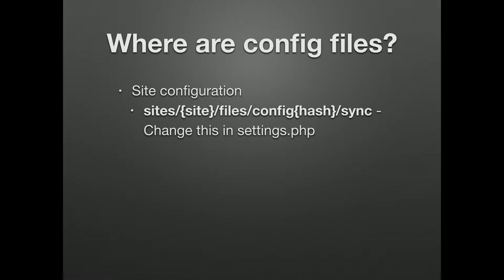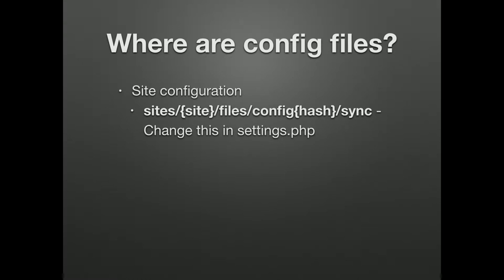So, where are these YAML config files found? Your site configuration, by default, is in your files directory, where all the public files are, and then in a folder called config, then a long string of hashes, and then in a folder called sync. The idea of having this config hash is to kind of hide it from people randomly trying to see the configuration of your site, because it is publicly readable by the internet.